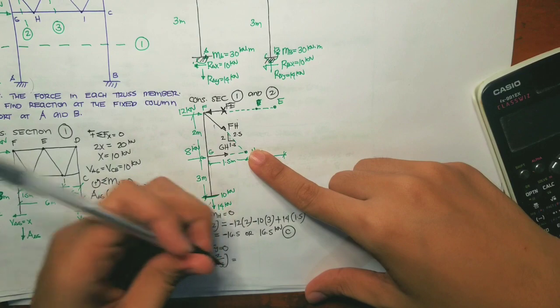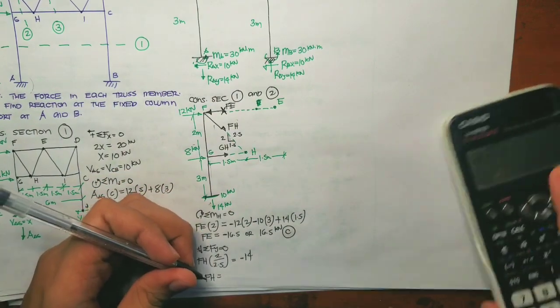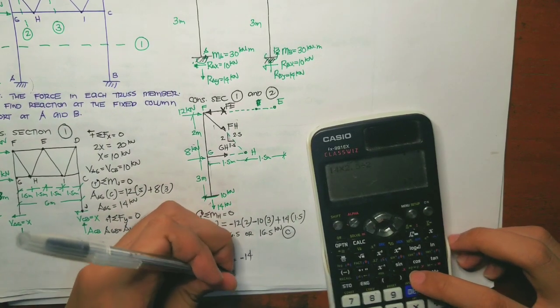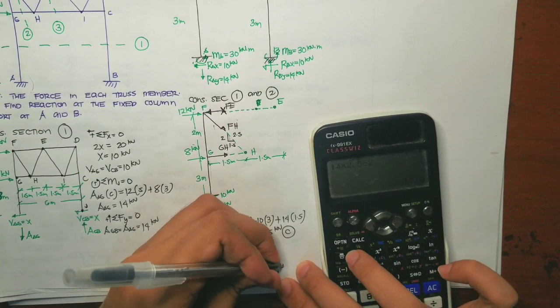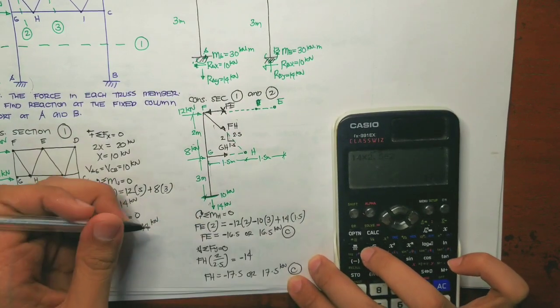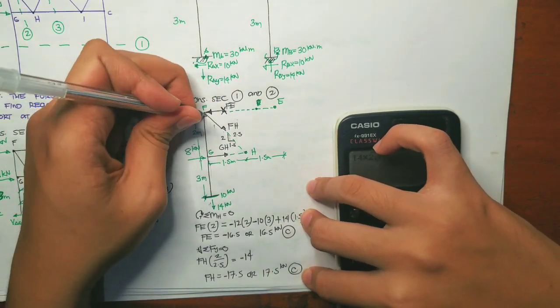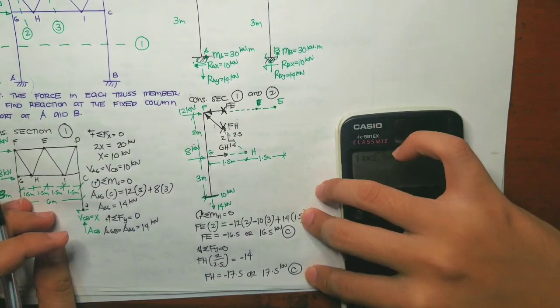So pababa rin siya, so minus 14, or FH should be equals to 14 times 2.5 divided by 2, or that is 17.5. So again, negative siya, or 17.5 kilonewton. So therefore, this should be also a compression force. So gawin mo siyang compression, and then baguhin natin yung direction niya.